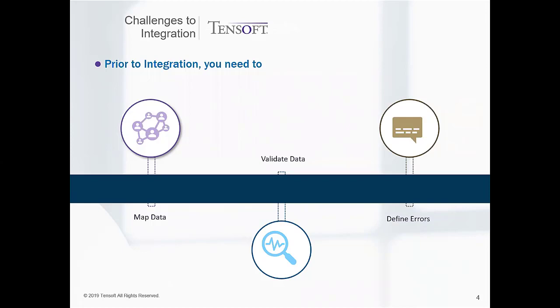We need to validate the data, and make sure that the information is valid from the giving system to the receiving system. We need to make sure that the data is valid in the target system. And so there's a validation. And if things are not all valid information, we need to define error messages that give us information coming back so that we can fix the data and move forward.